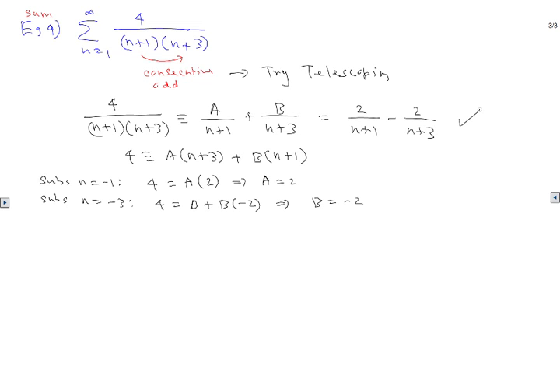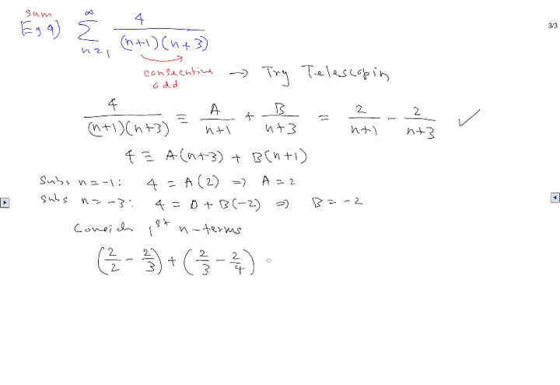Now we're going to consider the first n terms, so we try to find the pattern and then send n to infinity. Let's plug in. We start with the first index, which is 1, so you're going to get 2 over 2 minus 2 over 3. That's the first term, plus the second term: plug in n equal 2, so 2 over 3 minus 2 over 4.